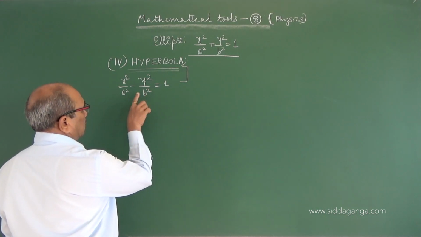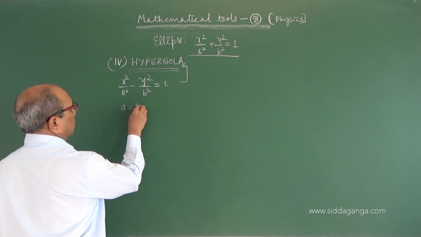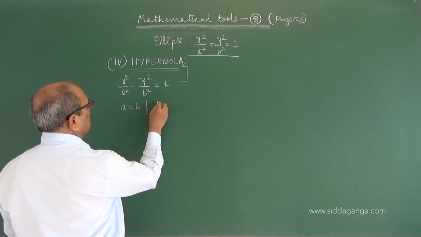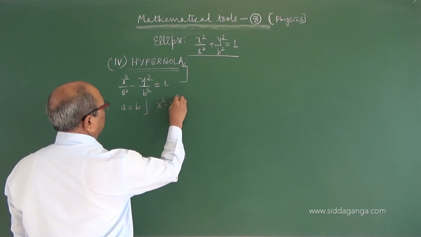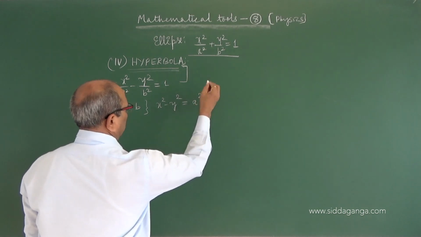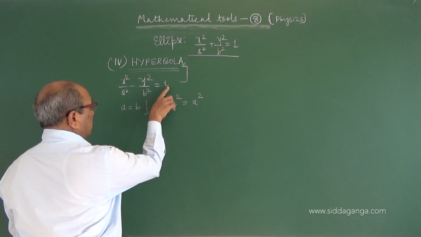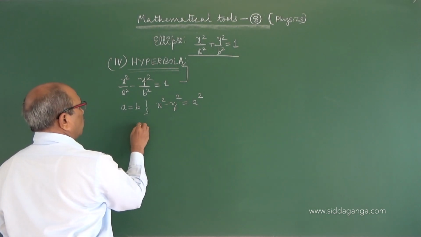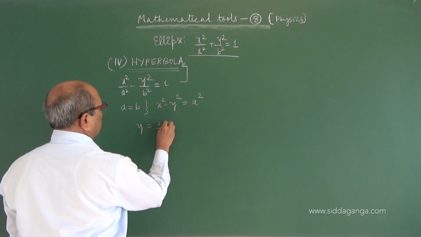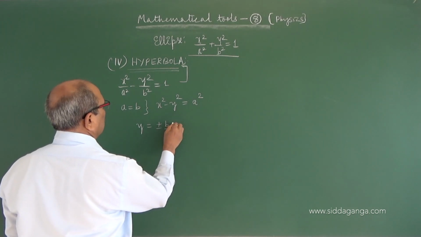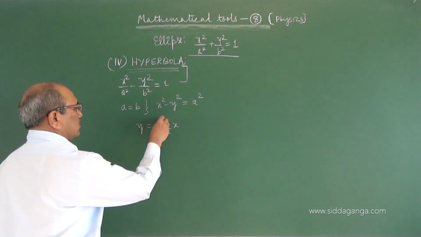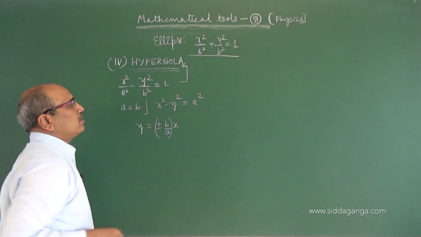Suppose I take a equal to b, this equation can be written as x square minus y square equal to a square. Or if I take the right side as 0, then y is equal to plus or minus b by a into x. This is why I am using this.